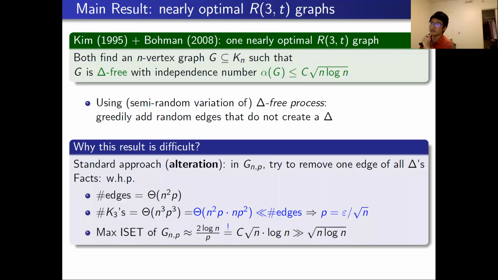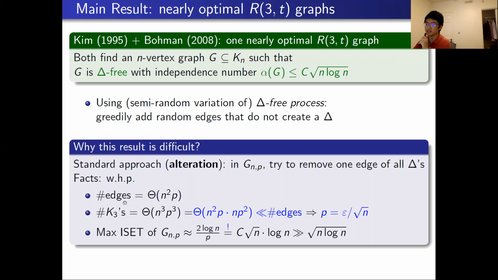Actually, to get such a result is not easy. For example, if we want to use a standard alteration method, it means in G(n,p), we try to remove one edge from each triangle to make the graph triangle free. As you can see, there is some difficulty because of the following facts.